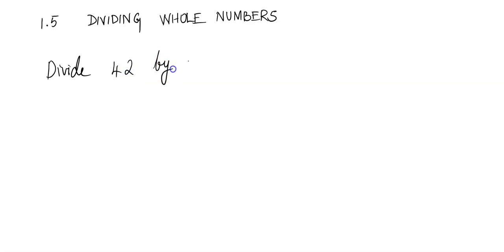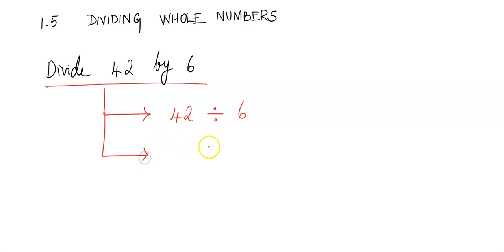42 by 6, if they give you in words like this, you can translate this information as 42, division symbol, 6. Or 42 goes inside, what is in front goes inside and 6 goes outside.